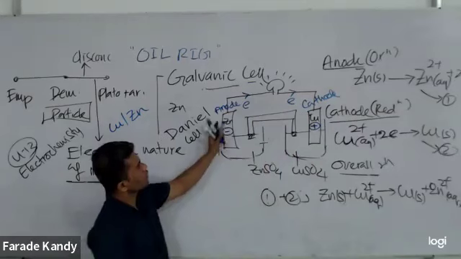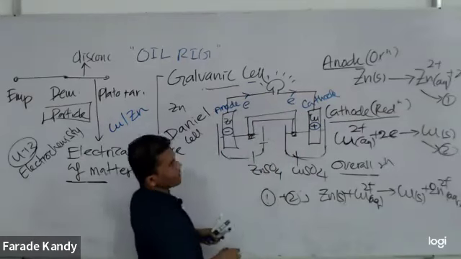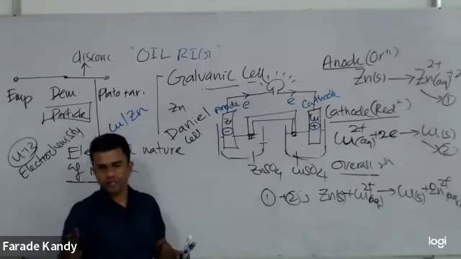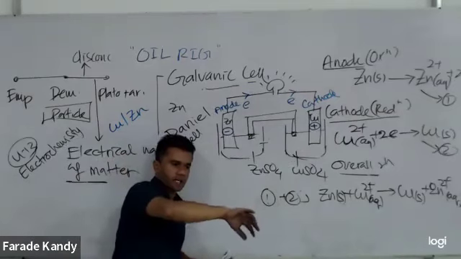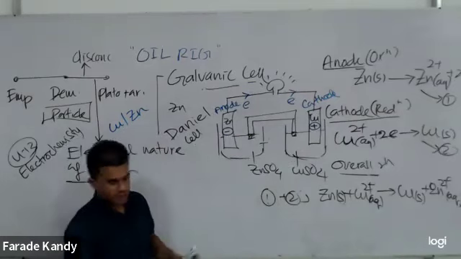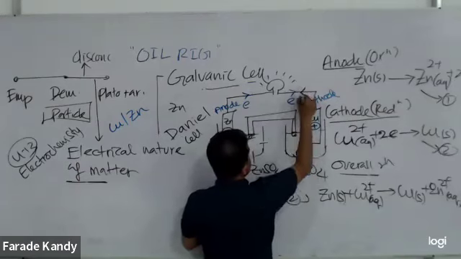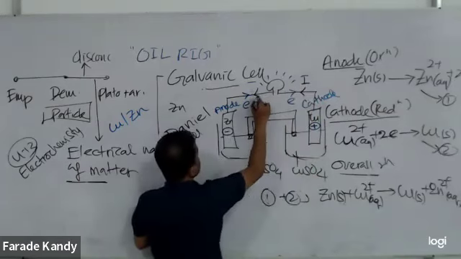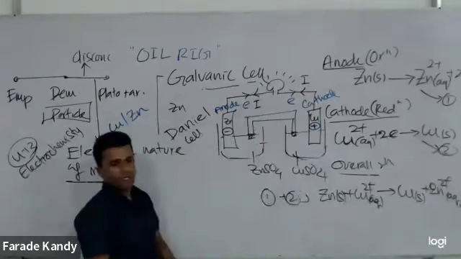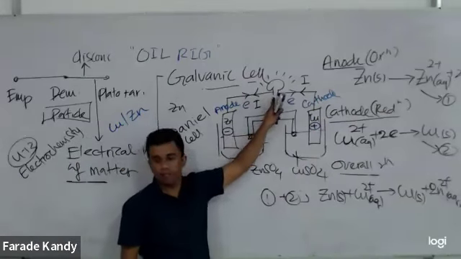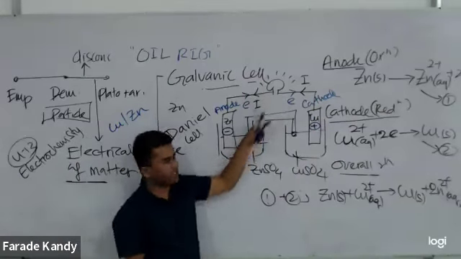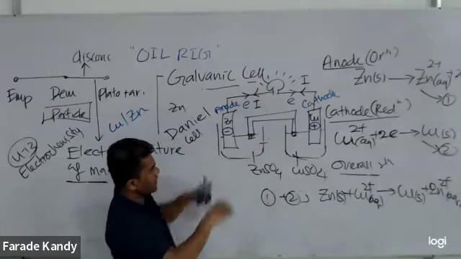Then electrons go through this. Then what about the direction of current? If the direction of electron flow is this, the current flow should be opposite. Then current will pass through this bulb like this. That's why the bulb lights up. We didn't supply any voltage. What happened?